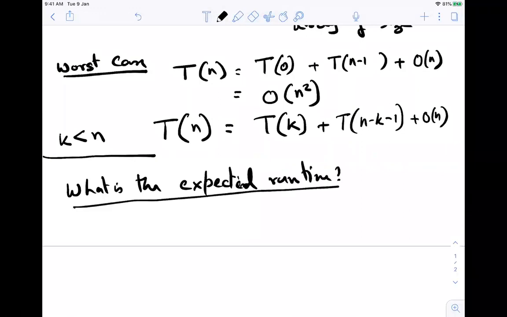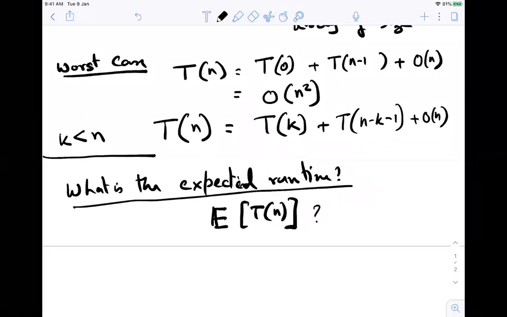Or in other words, what is the expectation over T of n? This is what we are interested in next. Fine, your worst case runtime is n square, and what is the expected runtime?